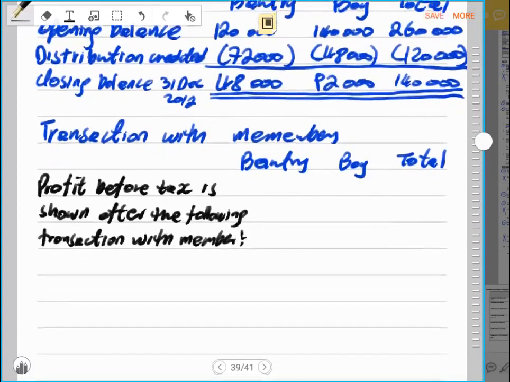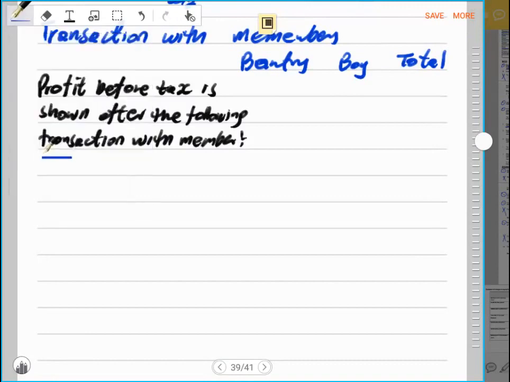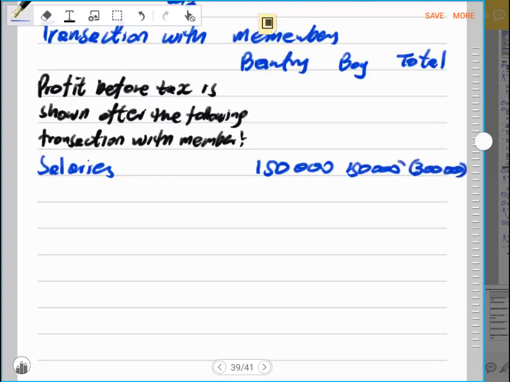Then in this transaction with members, the first one is salaries. I think it's the only one that we have because there was no interest on the loans. Salaries between the close corporation and the members were 150,000 rands and 150,000 rands, and the total is 300,000 rands. And all these are negative.